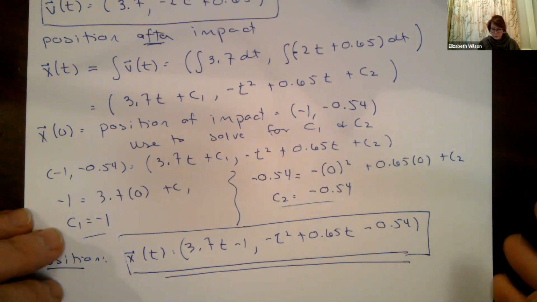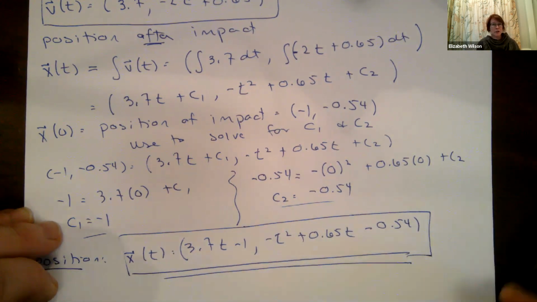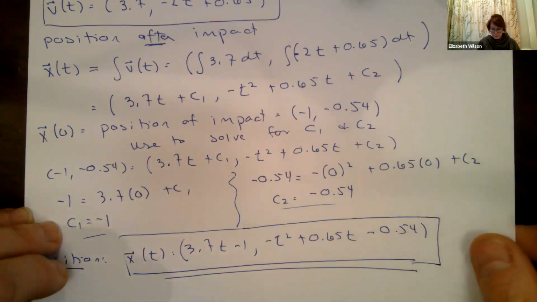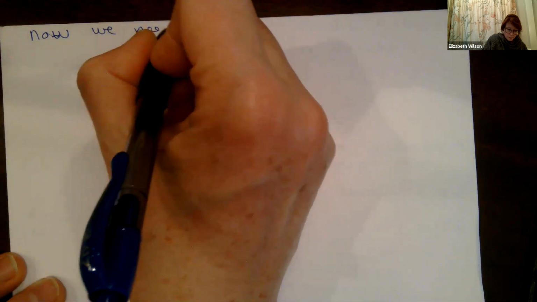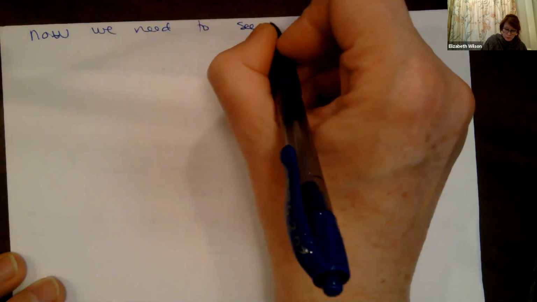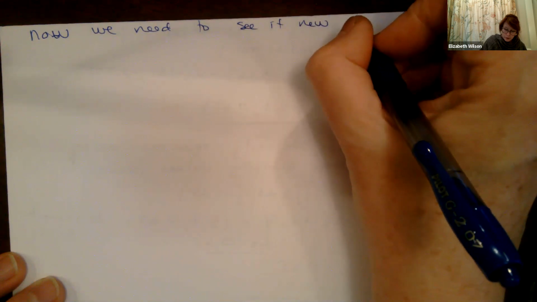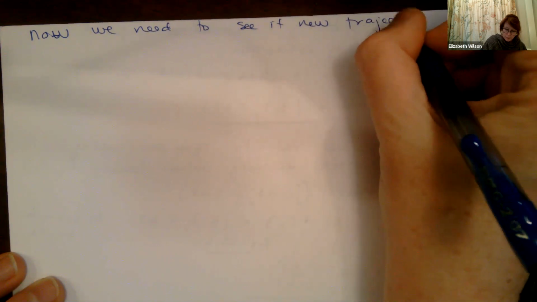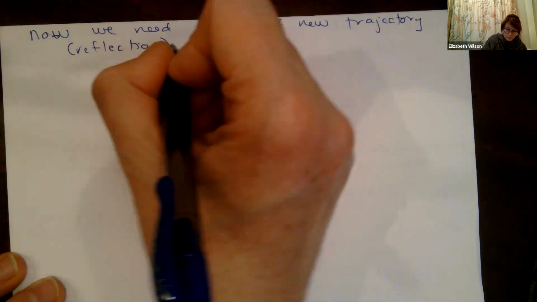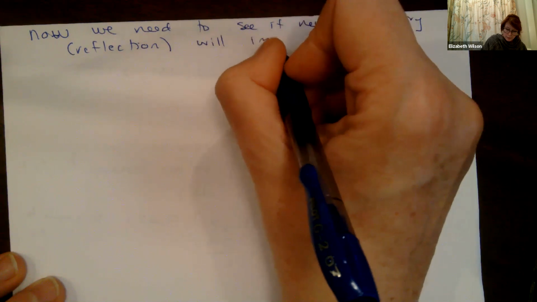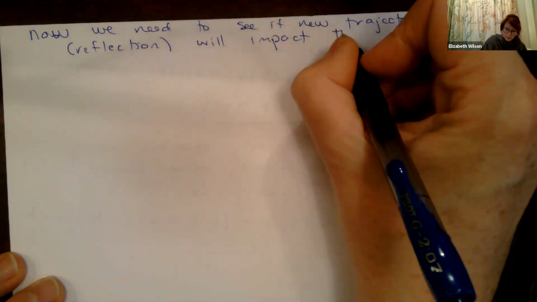Okay. So now we're going to use this. We're repeating the same algorithm. We're going to see if our new trajectory, which is our reflection, will impact the well.